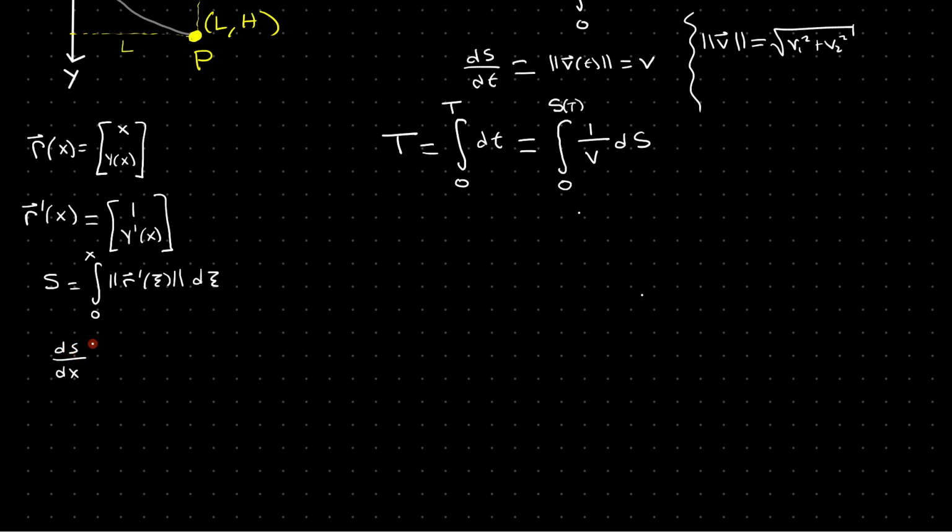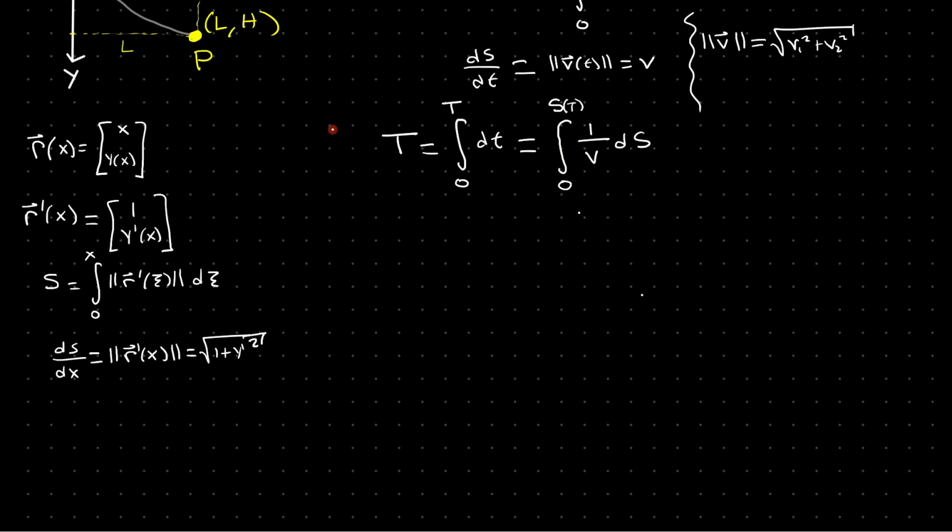But if you take the derivative of arc length with respect to x instead of with respect to time, like we did before, you get that ds/dx is this magnitude of r prime of x, which is the magnitude of this vector, or the square root of 1 plus y prime squared.